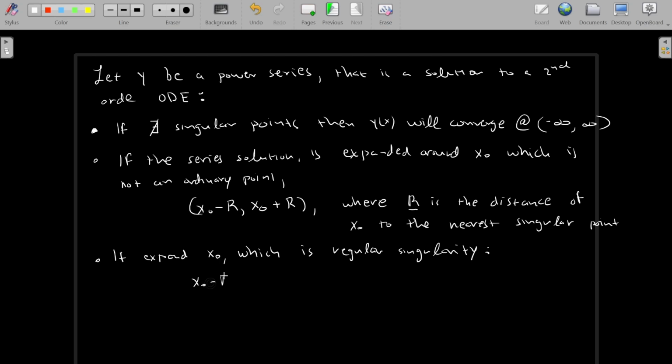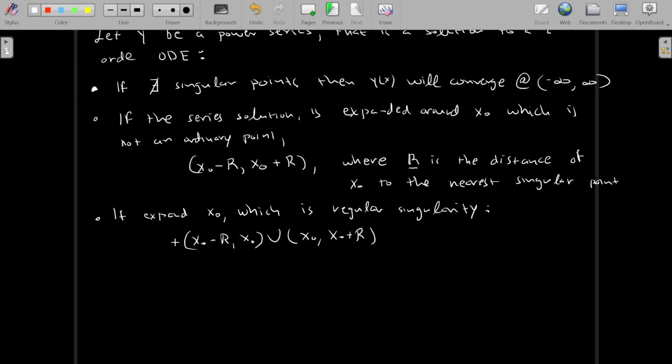So, x naught minus r, comma, x naught, and x naught, comma, x naught plus r. And we never expand around points at irregular singularities.